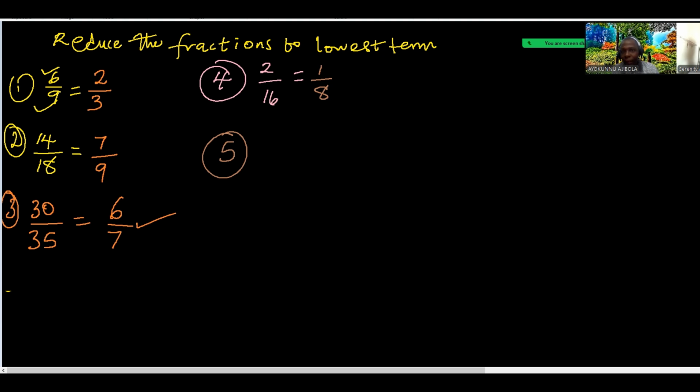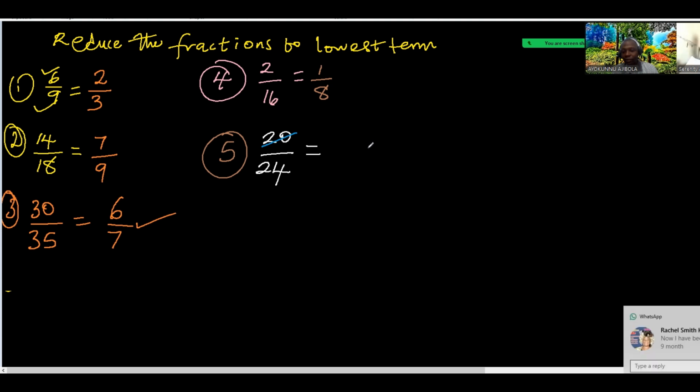Maybe you have 20 over 24. So what number can divide 20 and can divide 24? 2 can divide them, but 2 is not the biggest one. So we can use 4, okay? How many 4 is in 20? 4 times 5 is 20.